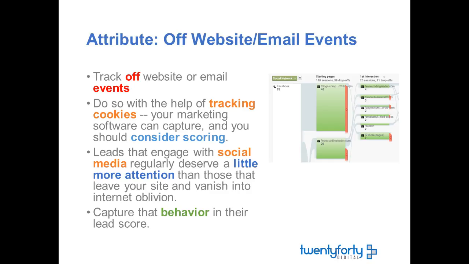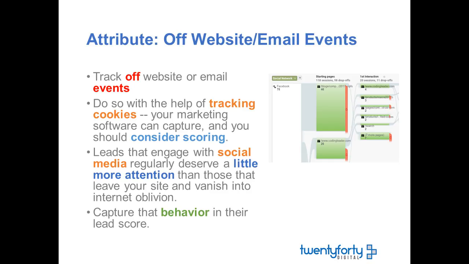Next is the off-website email type events. Most digital analytics are recording the information directly on your website. Many marketing automation platforms as well are recording any visits to a landing page, any clicks on a link, and any forms that may be filled out.